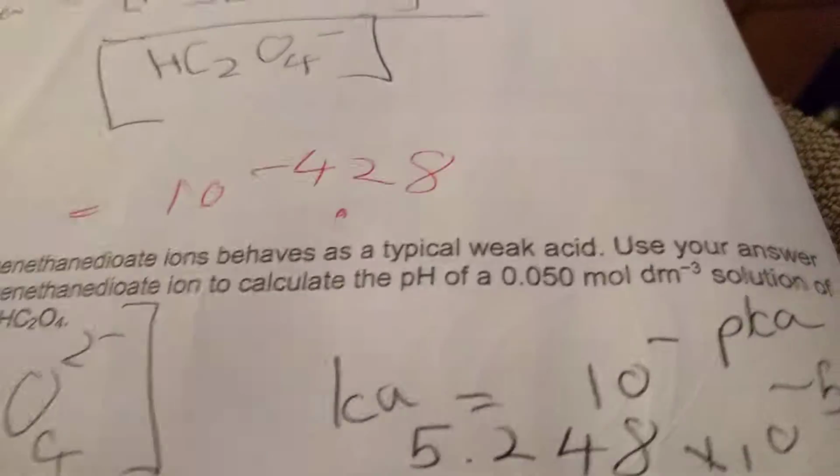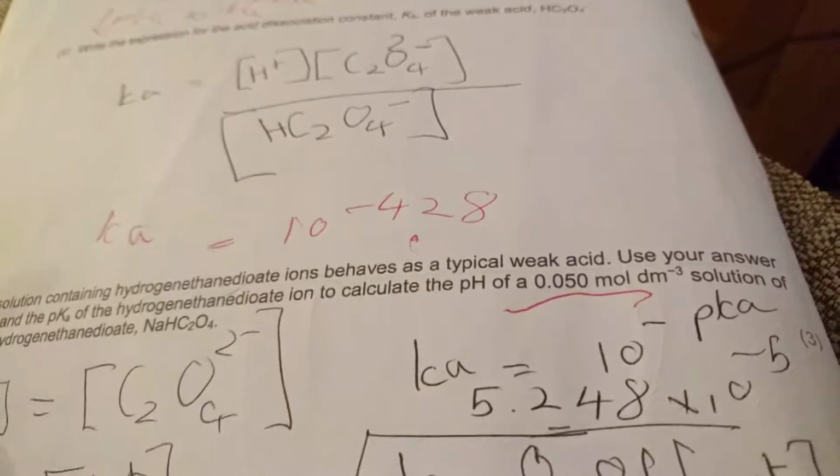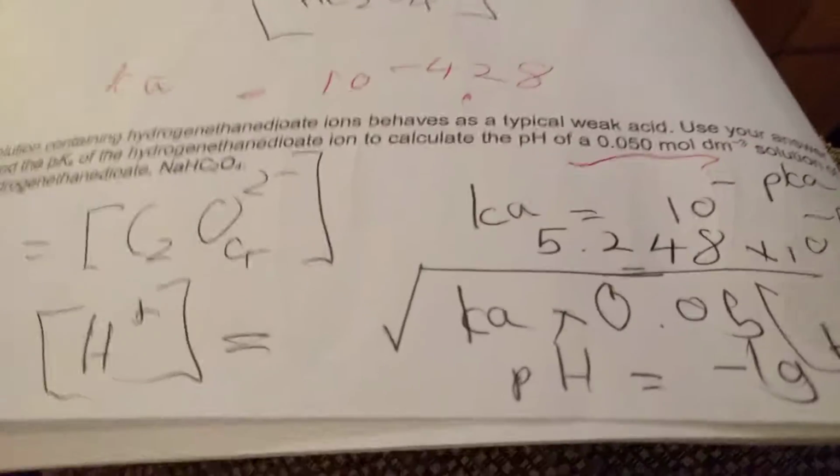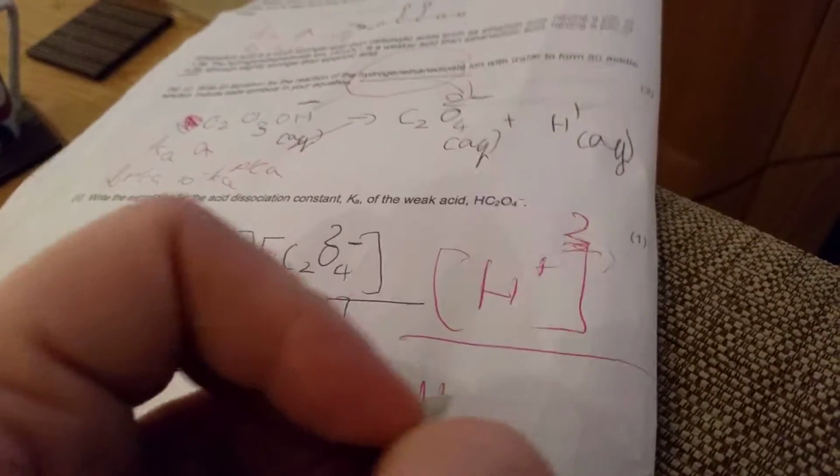It gives me that in the question as 0.05 moles per decimetre cubed. So I can rearrange Ka to find an expression for H+, which, because H+ is equal to C2O4 2-, we can simplify to H+ squared divided by the HC2O4- concentration.